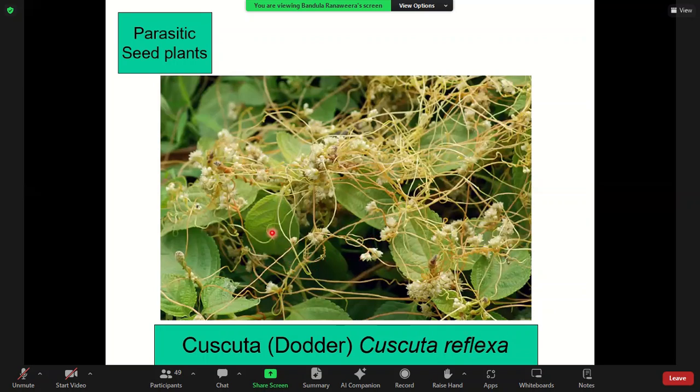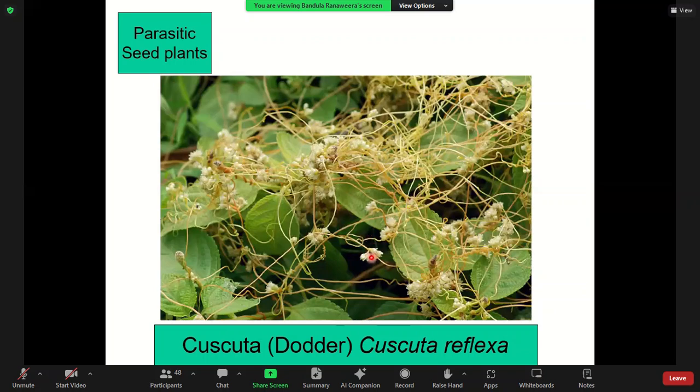Now see these green leaves, the normal self-living plant, and these thread-like structures, light brown and yellow in color. This is a parasitic plant.